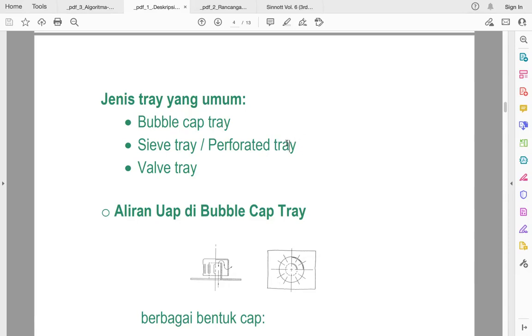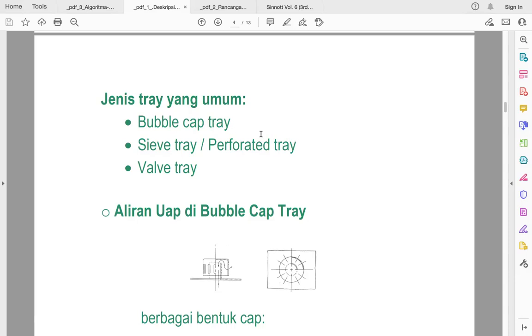But the drawback of the sieve or perforated tray is that it is prone to dripping if you have too much liquid, and sometimes it's not effective enough to hold the contact between the liquid and the vapor.